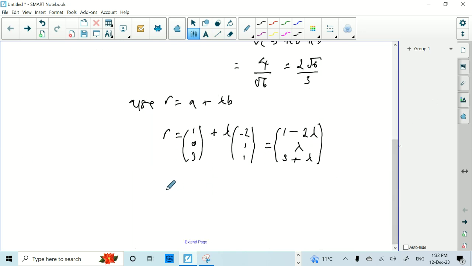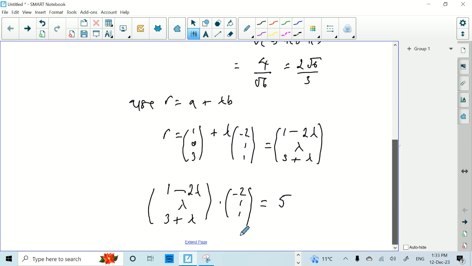So let's do that. 1 minus 2 lambda, lambda, and 3 plus lambda, and multiply that by minus 2, 1, and 1, and of course that's all equal to 5, because that's what it says.